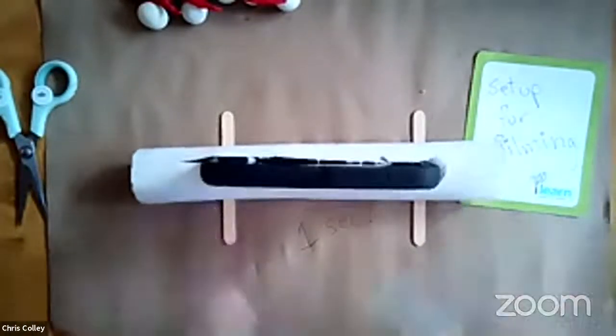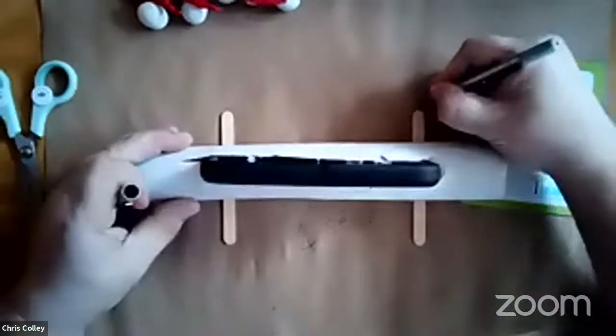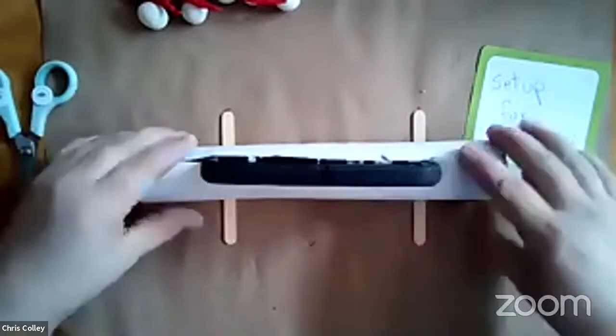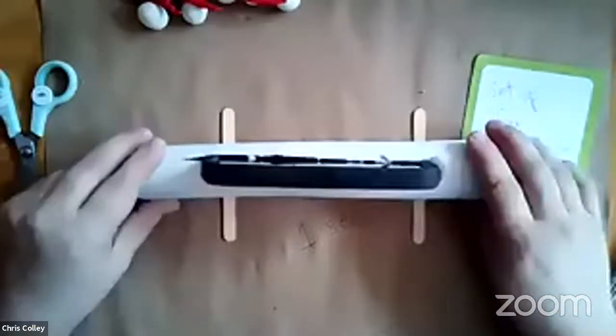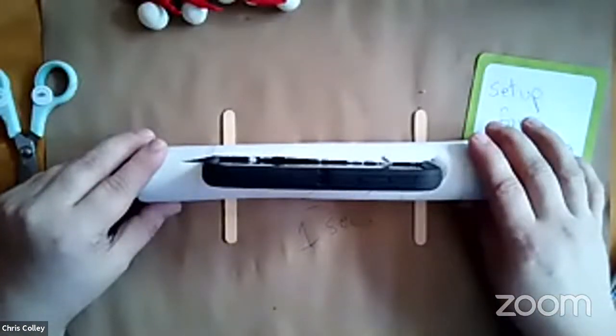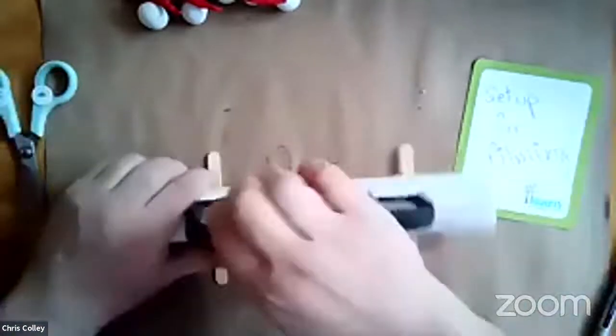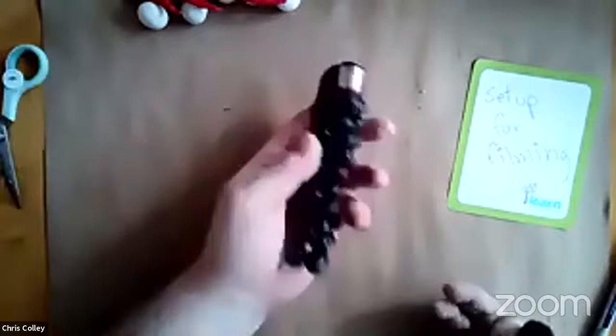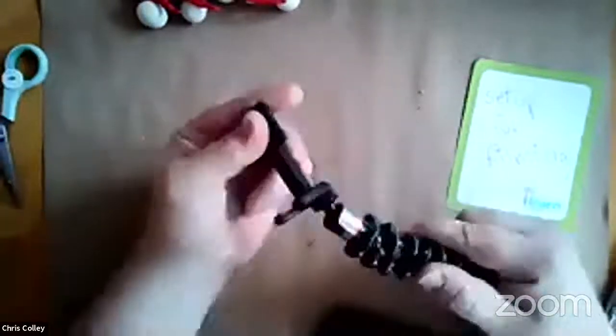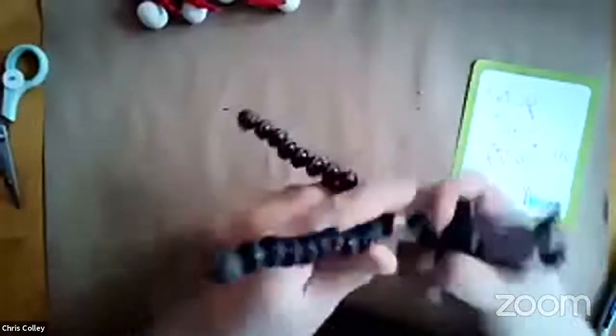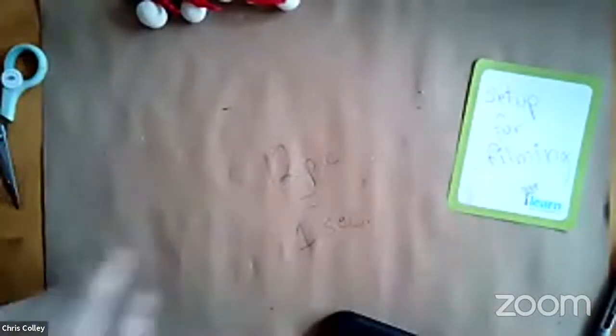And then I would also mark where it is, so that if I ever move it, I know where to go back to right away when I start my filming. So if the period ends or whatever, I can get back to doing it. You could also invest in a little gorilla grip kind of stand. It has legs, it's about 20 or 25 bucks, but making them is really fun.